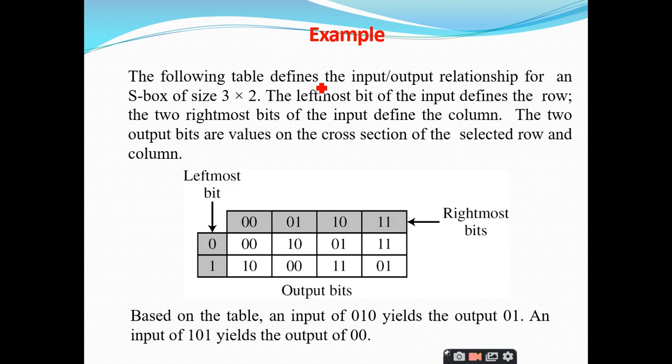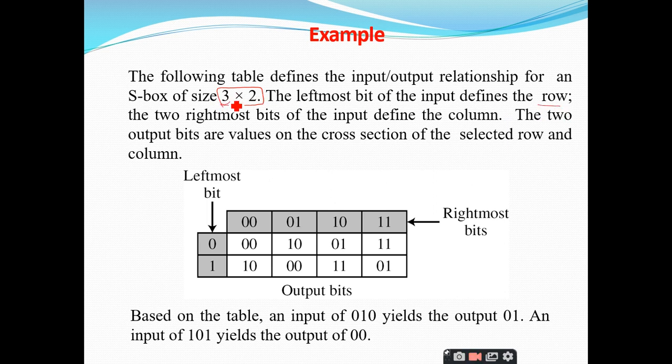Now let us take an example of how these S boxes are created. The following table defines the input-output relation for an S box of size 3 by 2. Now this is not linear. We have 3 inputs and 2 outputs. The leftmost bit of the input defines the row.